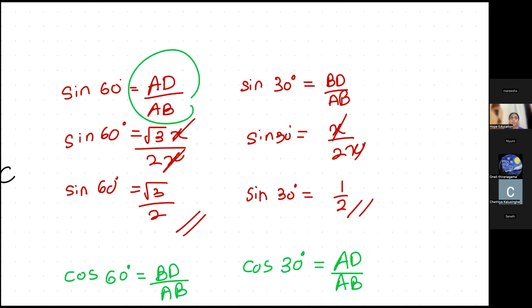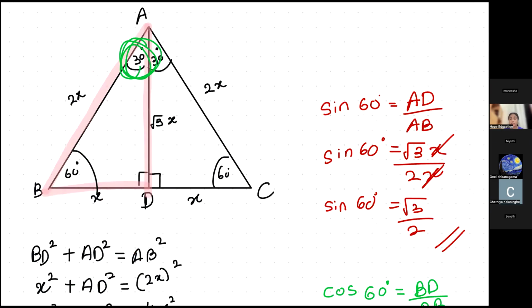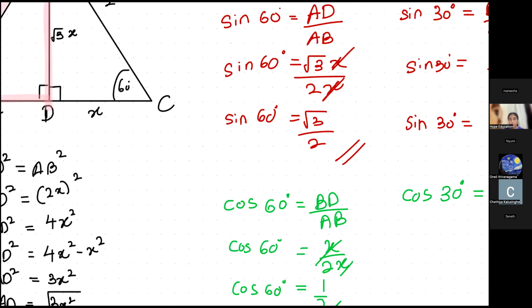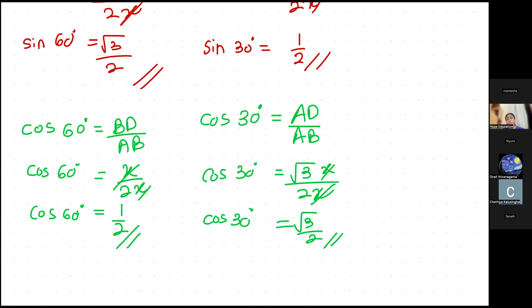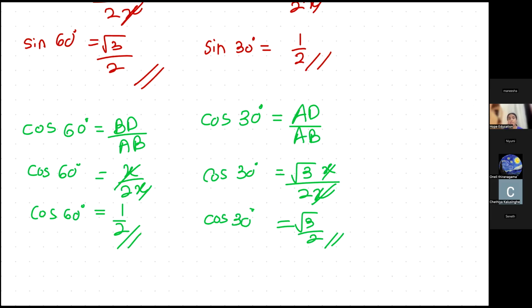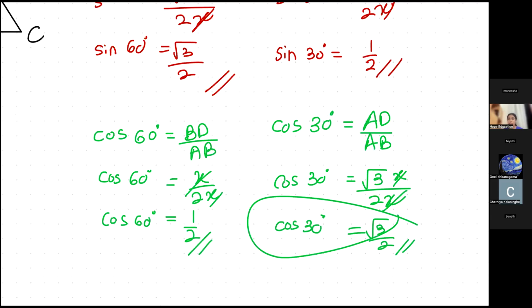AD is root 3x, not 3x, and AB is 2x. Root 3x divided by 2x, the x cancels, we get root 3 over 2. That is cos 30. Look, cos 30 came as root 3 over 2. That is the same as sin 60, no? There's some sort of a relationship there.